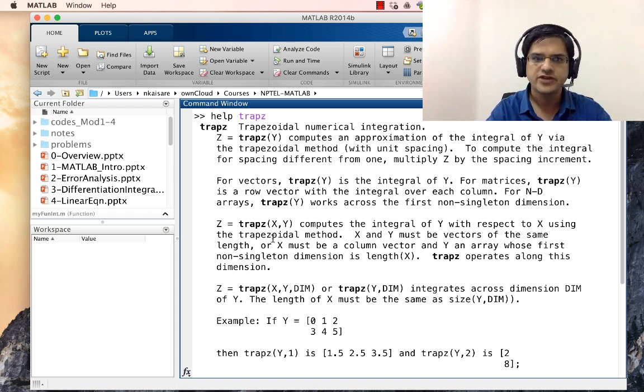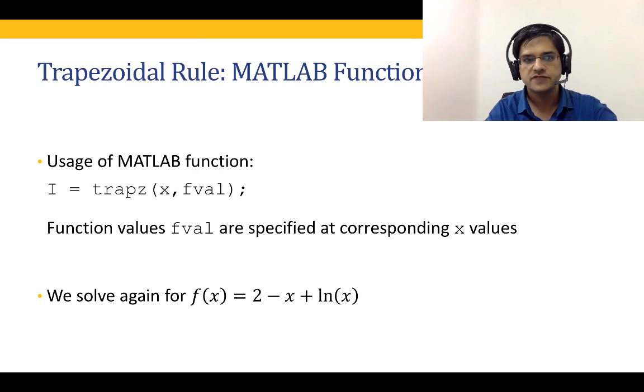However, we know what our values of x are and they are not given by unit spacing. Therefore, we need to use the command z equal to trapz(x, y), where x are the independent variables and y are the corresponding values of the function. So this is exactly the usage that I have shown over here.